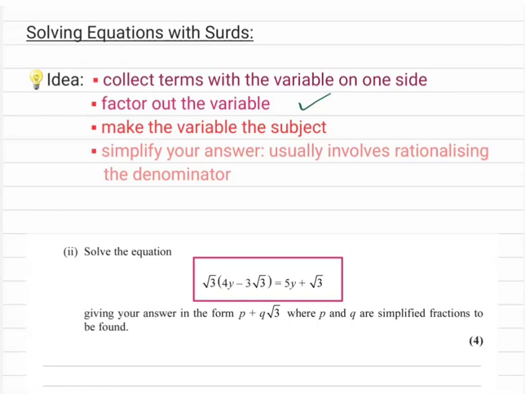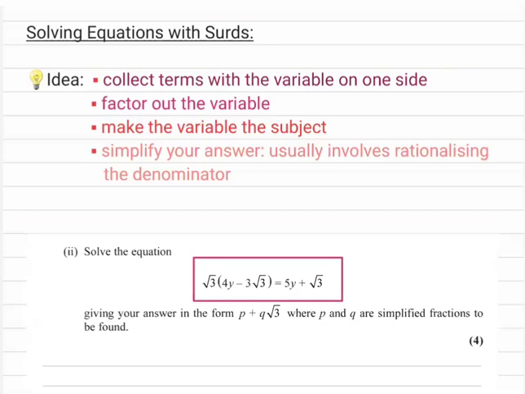Most of the times you would need to factor out the variable. So you're going to factorize and have the variable outside the brackets. Then the third step you want to do is to make the variable the subject. So in other words, you're solving to make x or to make y, or whatever the variable may be, you want to make it the subject.